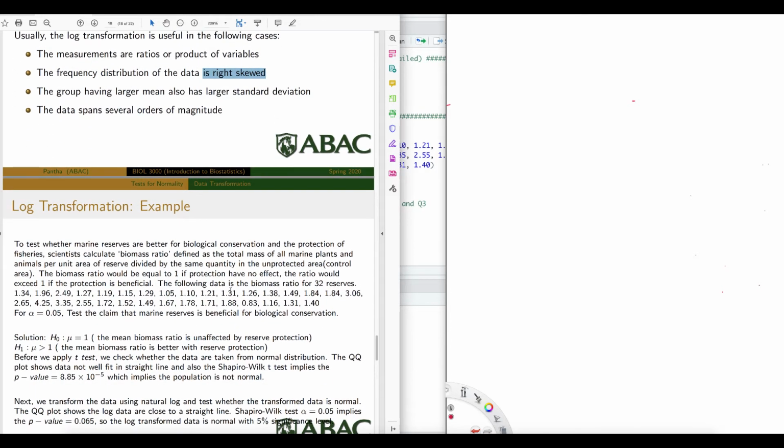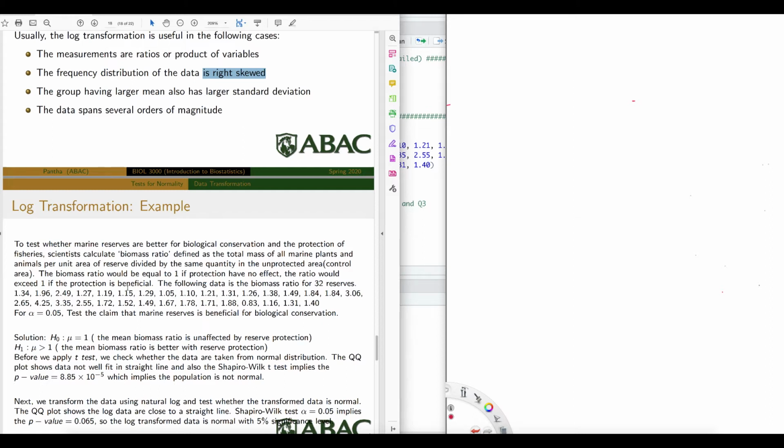To test whether marine reserves are better for biological conservation and the protection of fisheries, scientists calculate the biomass ratio, defined as the total mass of marine plants and animals per unit area of reserve divided by the same quantity in the unprotected area, okay?